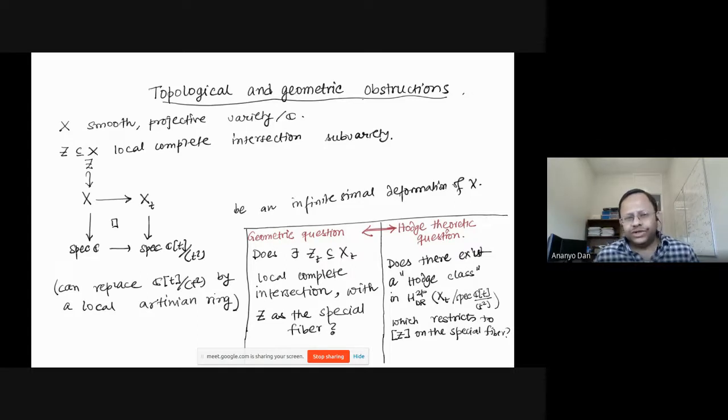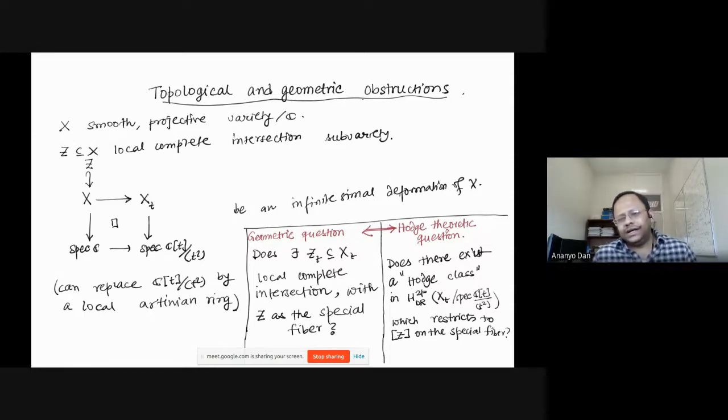So if you want to really compare the geometric obstruction theory to the topological obstruction theory, the best way to do it is to do it in the local setting. So we will see that the geometric obstruction theory lies in the first cohomology of the normal bundle of this local complete intersection subvariety.